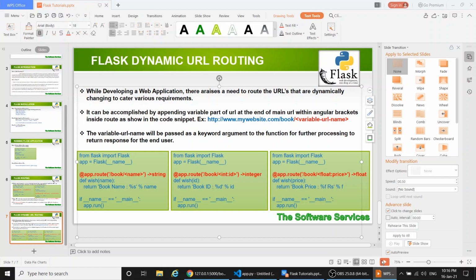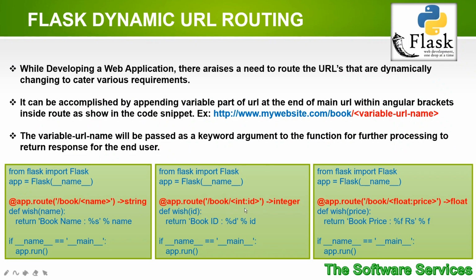All right, let me explain the code snippet here. So whatever you give here, it will understand it as a string but not as a number. Okay, so let me explain this second snippet. If you want a book number, okay, as purely a number, then we need to define like this: inside the angular brackets int data type, int colon id.